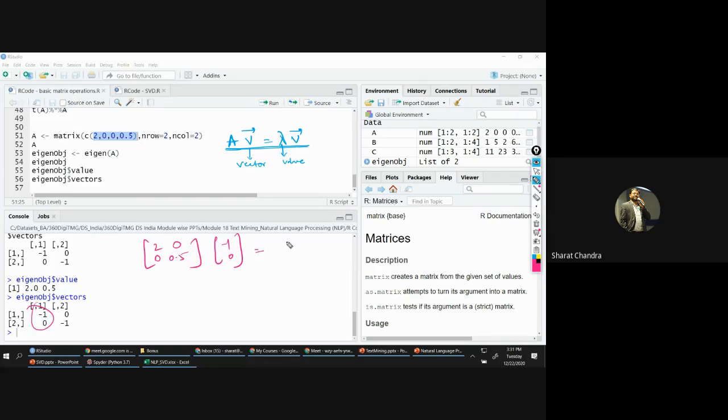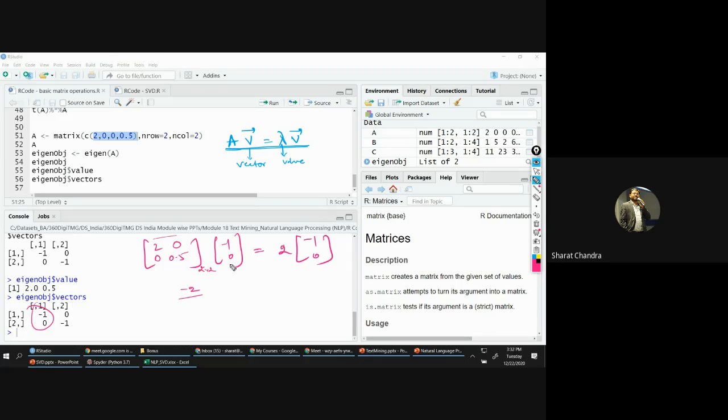And this can be represented using an eigenvalue 2 times the same vector. I can represent it like this. If you multiply these, row by column, what do I get? -2 and 0, 0, 0. So I get -2 here when I do the calculation.